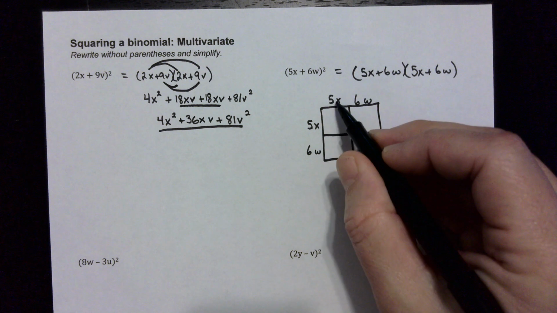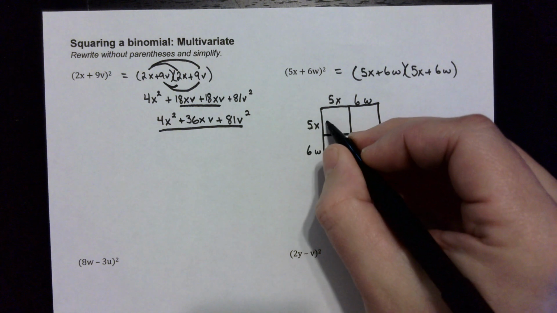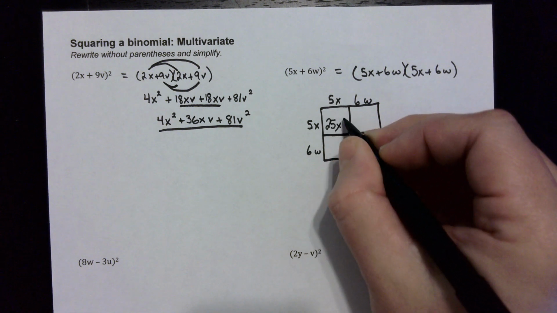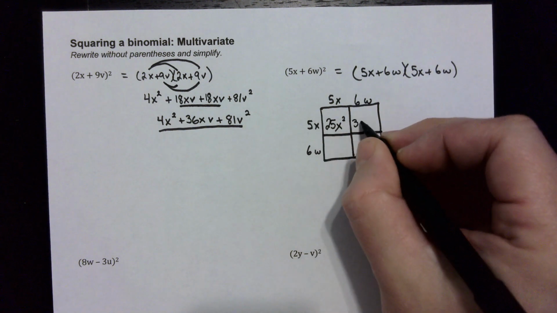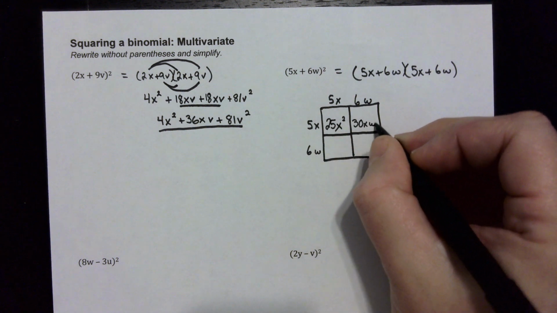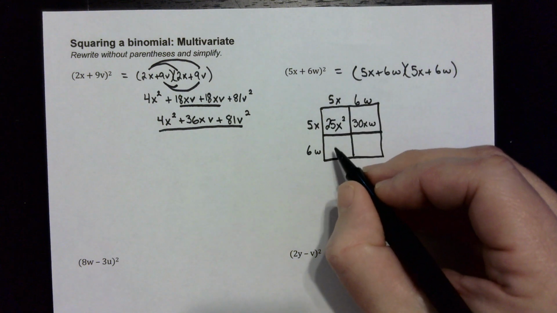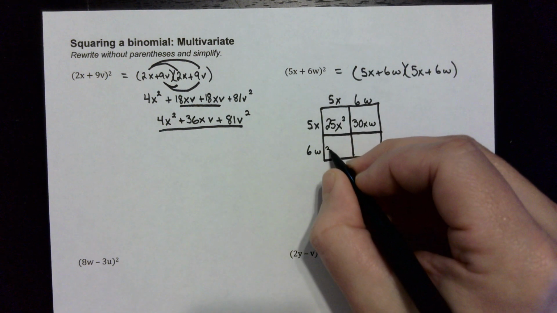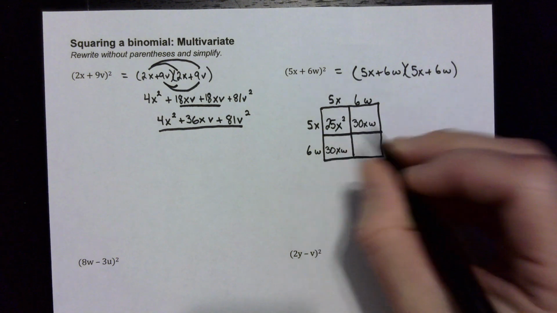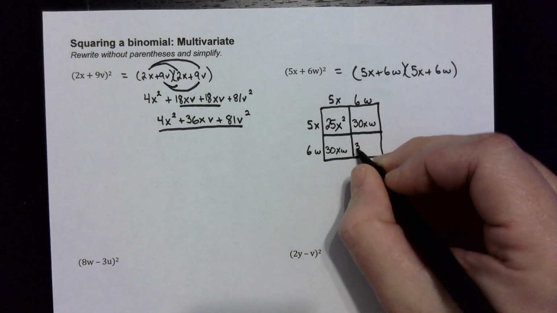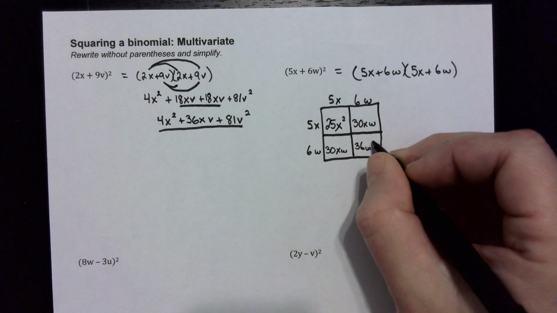First one, 5x times 5x is 25x squared. We fill up the second box. That's 6 times 5, which is 30, and then xw. Fill up this box, 6 times 5 is 30, and xw. And then finally, 6w times 6w, 6 times 6 is 36, and w times w is w squared.